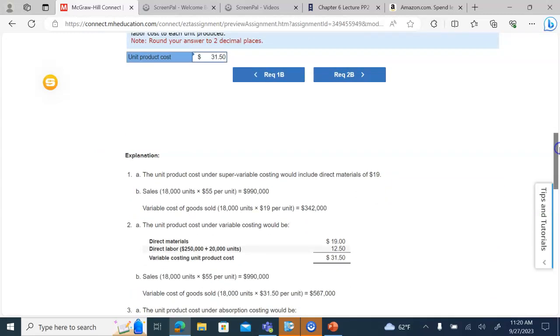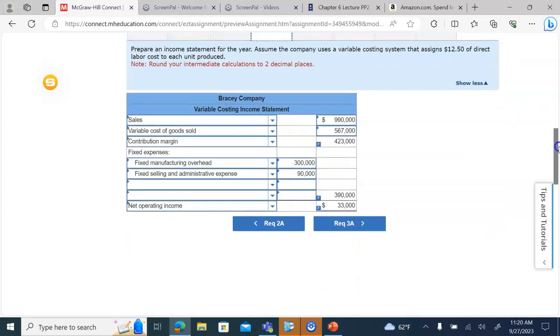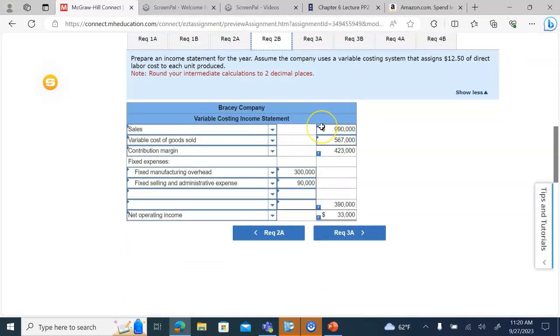If we assign the $12.50, then our cost per unit is going to be at $31.50. If we do a contribution income statement, you'll see what we sold it for, the cost with our fixed costs here.